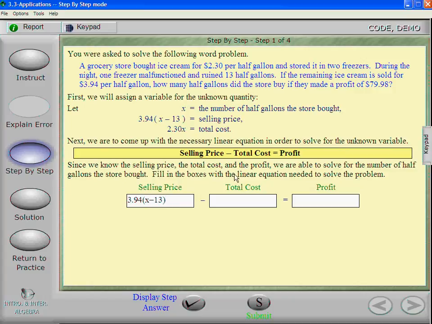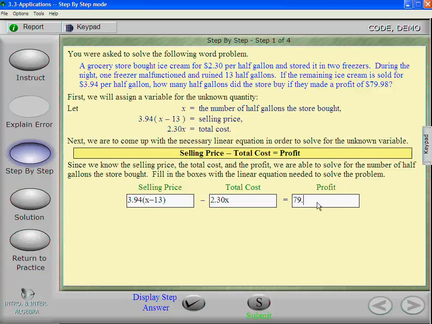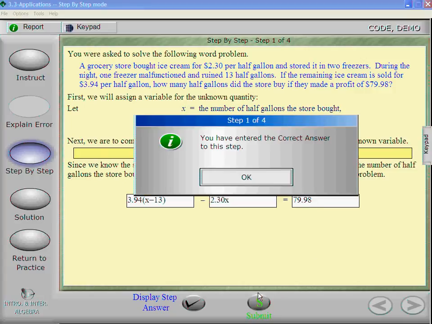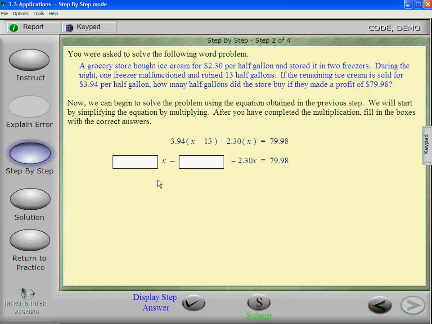Nice if you can cut and paste this stuff up here. Total cost 2.30 times x, and that equals the profit. So that's talking about 79.98. Okay. So we basically figured out what each piece was and then had a relationship that profit equals the amount sold minus the amount of cost. Okay? And that's just the setup.